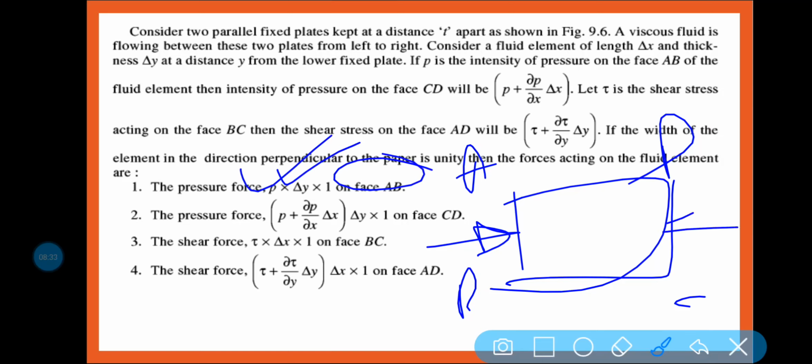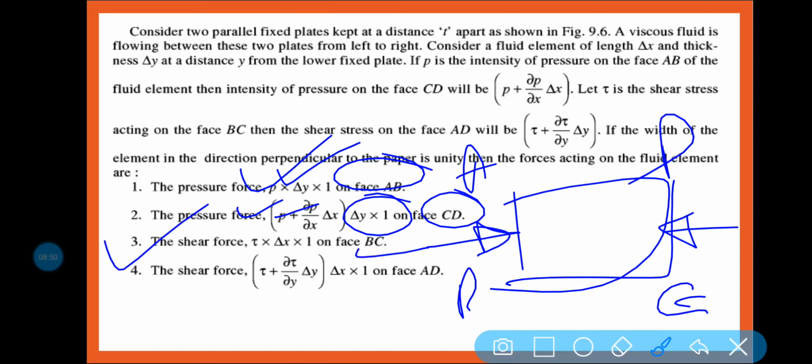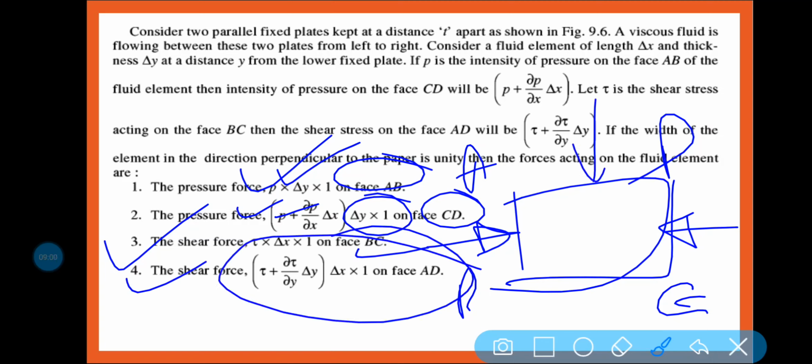Then on face CD, P plus del P by del x into dx into delta y into 1. Then shear force tau into delta x into 1 on face BC. Next, shear force tau plus delta tau by delta y into dy into delta x into 1 on face AD.